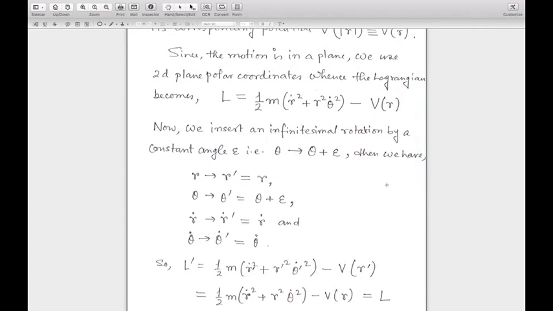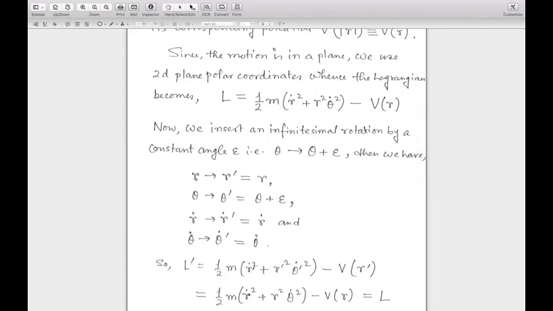You have a 2D polar coordinate system. Now if you just rotate the polar coordinate system by a small angle epsilon, then this is equivalent to saying that the r vector, the distance from the origin to any arbitrary point, will not change, but its theta coordinate will change.